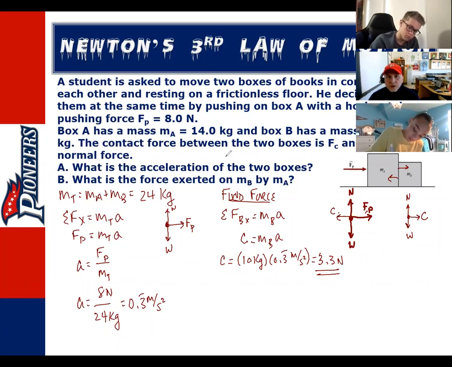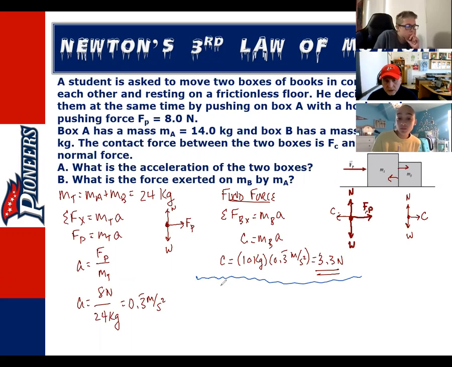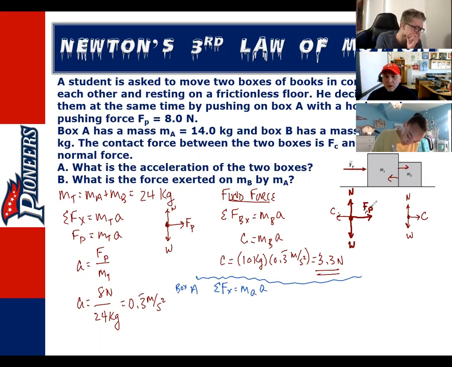Now, I want to just show you. Again, you want to make life easy, you want to pick the one that has the least amount of forces. But let's just say you pick this one. It still works, right? If I do the sum of the forces on box A, mass of A times acceleration, I simply say FP minus C equals the mass of A times its acceleration. I'm trying to find C, right? If you get it wrong, it's just because you do some bad adding and subtracting.